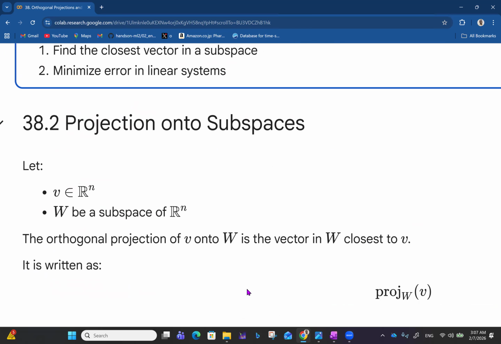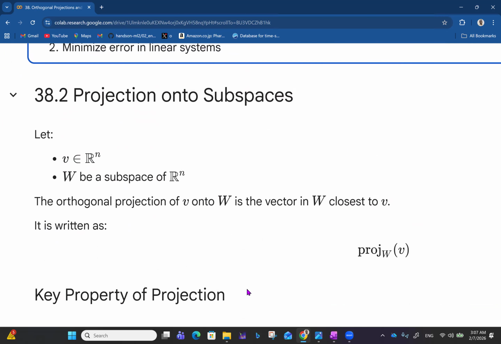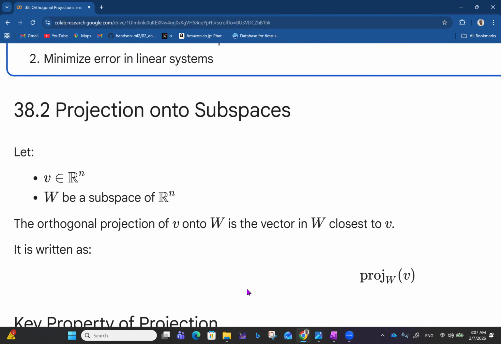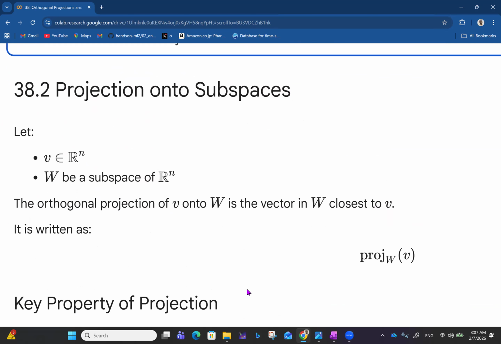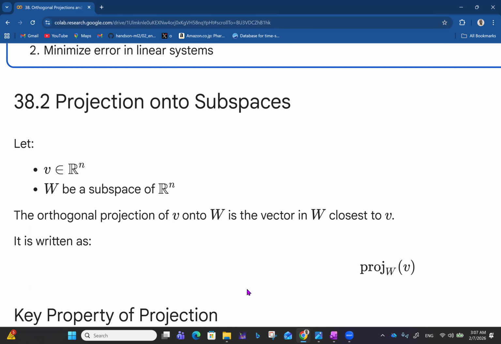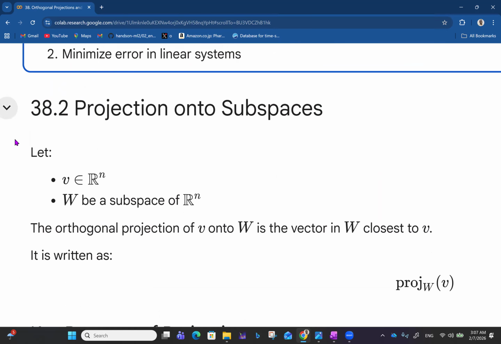So let's go straight to talk about projection onto subspaces. Thankfully, in the last video, where we considered Gram-Schmidt orthogonalization, we saw how to project a vector onto another one, using a very beautiful formula, dot products and all that. So projection onto subspaces: let V belong to R^n and W be a subspace of R^n.